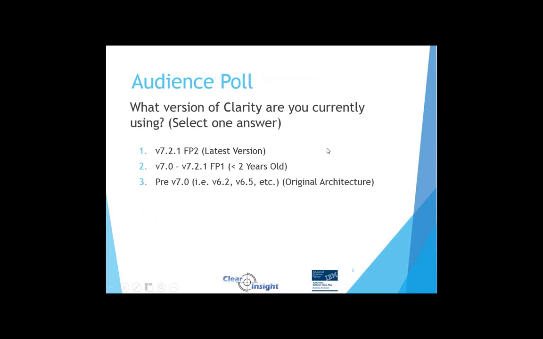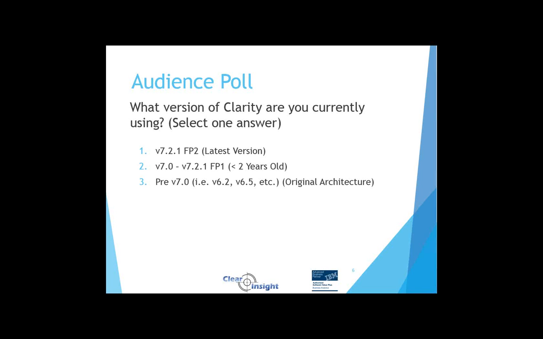Okay, so moving right along, our first poll, just to get an understanding of where folks are at, and obviously when you're running into challenges with Clarity, it will depend to some degree on the version that you're using. So a good way to start that will help our experts, first of all, is what version of Clarity are you on?